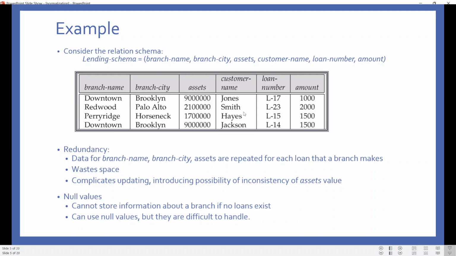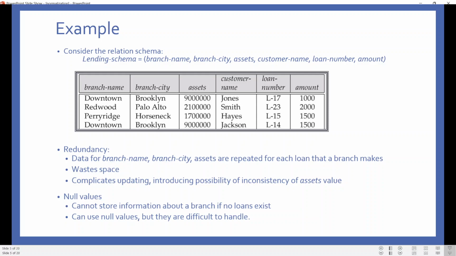Wherever a new loan is taken, this branch name and branch city get repeated. That is redundant data because it is repeated for each loan that a branch makes, so space is wasted.